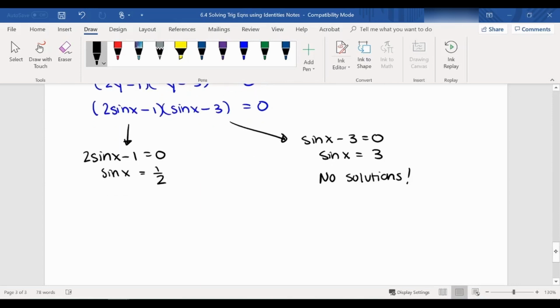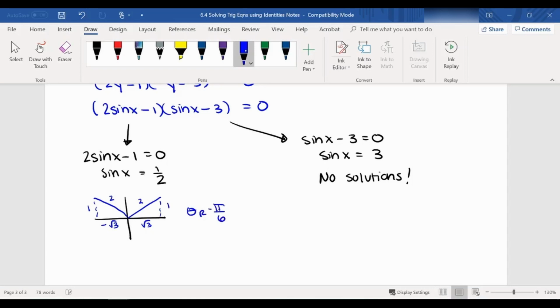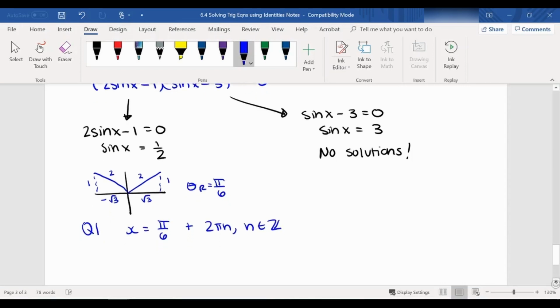But our other answer, we know that sine is positive in quadrant 1 and quadrant 2. Sine is opposite over hypotenuse, which makes my other side √3 and makes my reference angle pi over 6. Again, the question says in radians, so we have to use pi over 6, not 30 degrees, which means in quadrant 1, my x is going to be pi over 6 plus 2 pi n, where n is an integer.